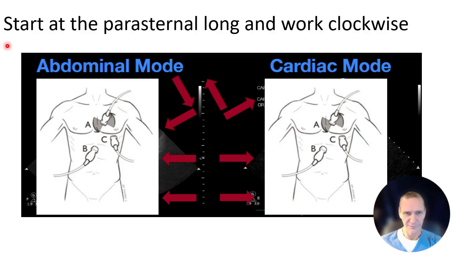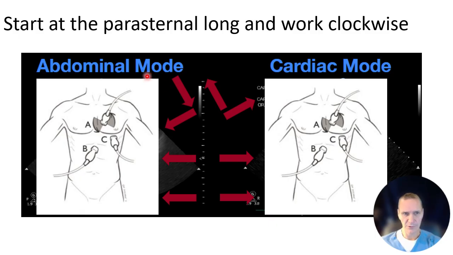One of the things I've seen new learners struggle with is getting the indicator in the probe position correctly. The way I like to teach it is start at the parasternal long axis view and work your way clockwise. What does that mean? It means you really just have to memorize where to start, and that's the parasternal long axis view. We'll go over all of these.